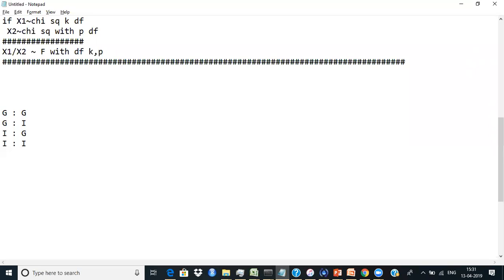Make sense? Okay. The first and last cases are where our hypothesis resulted in the true decision, and the other two cases are the errors. Now let's define those errors.